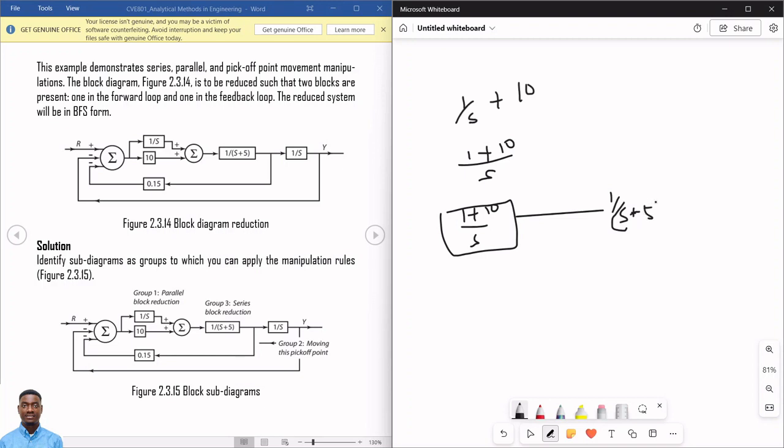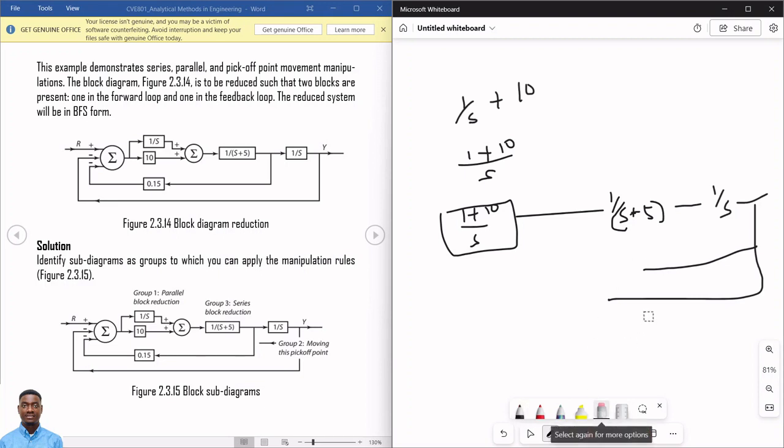Then since I moved this pickup point from here to here, that will run into 1 over S. So I will now have these two pickup points here. S will be on 1, the inverse of the block I moved it over. S will be here. This is 0.15.